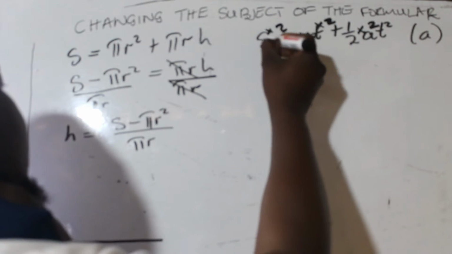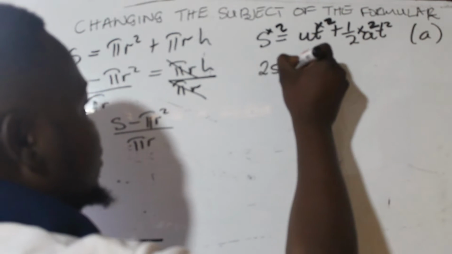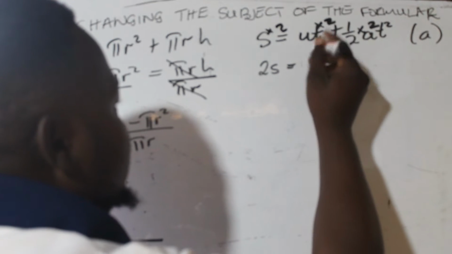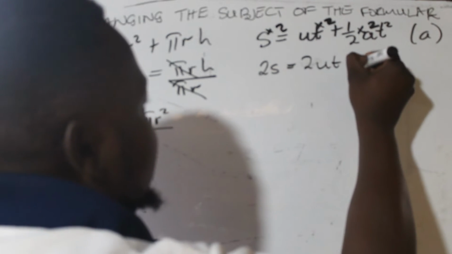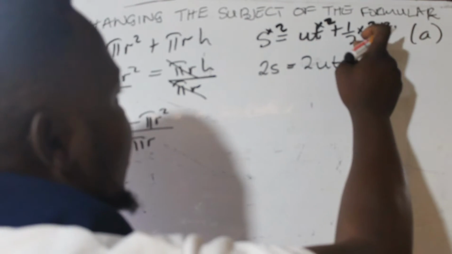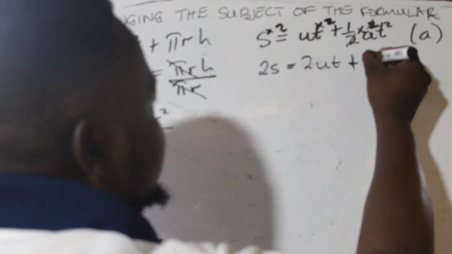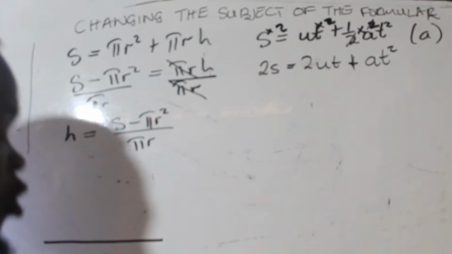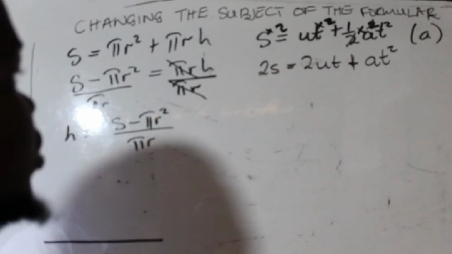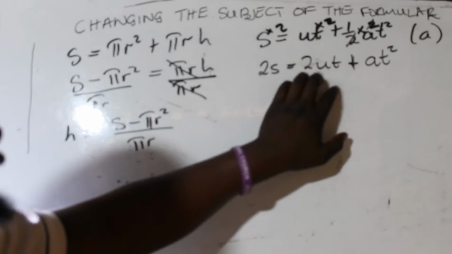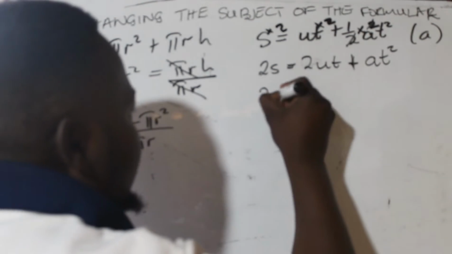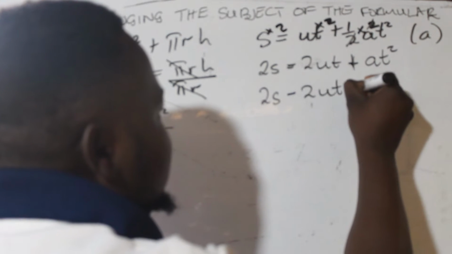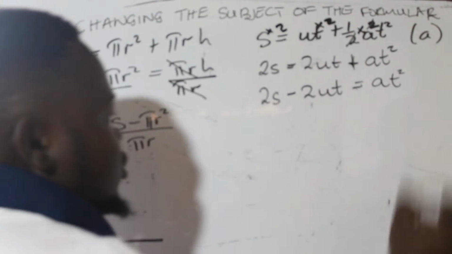So here s times 2 is 2s. 2 times ut is 2ut plus, 2 and 2 will cancel, so plus at squared. The part which has a should be on its own side, so the 2ut will jump to this side and becomes 2s minus 2ut is equals to at squared.